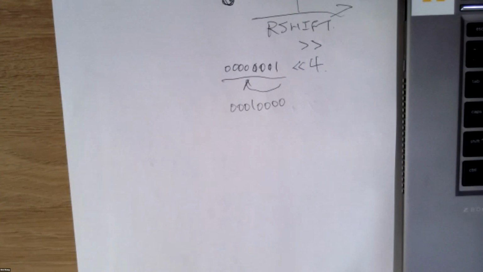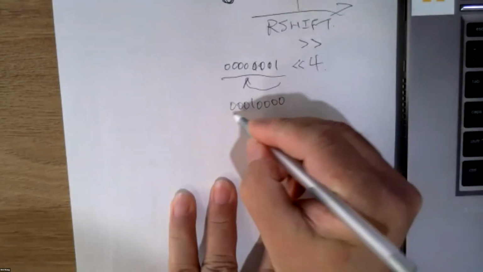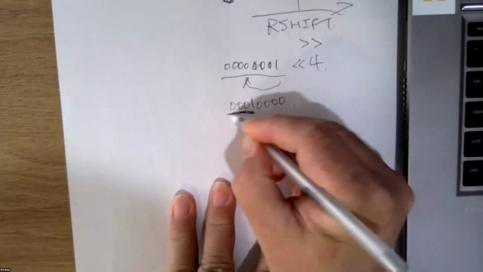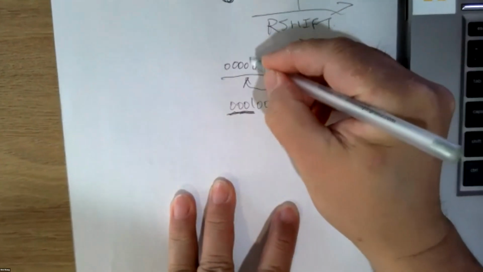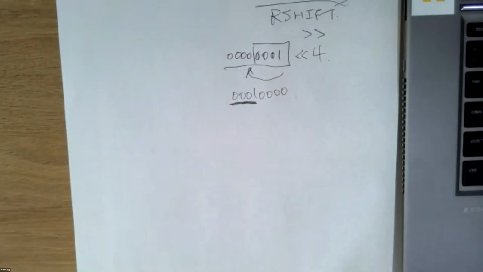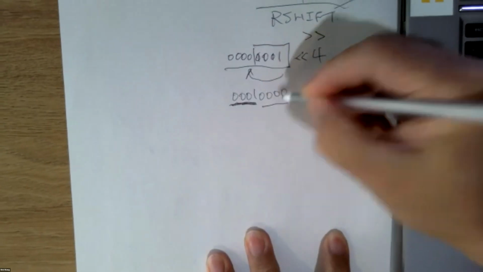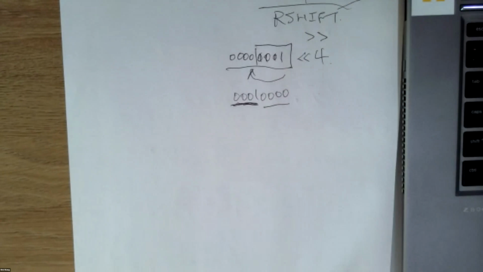So when you shift, is what you fill the space with what matches the first bit? No, you always fill them with 0. That's how shift works.